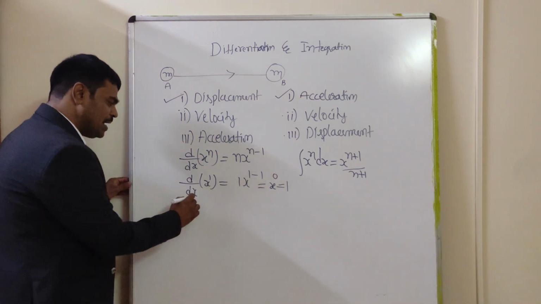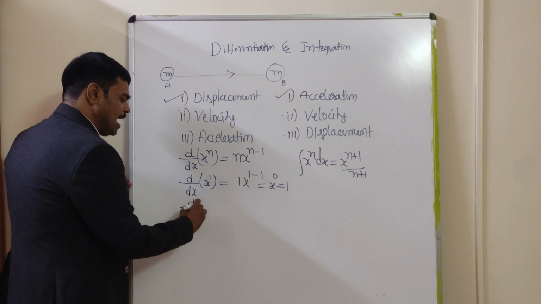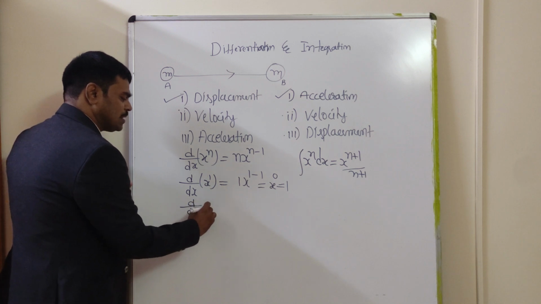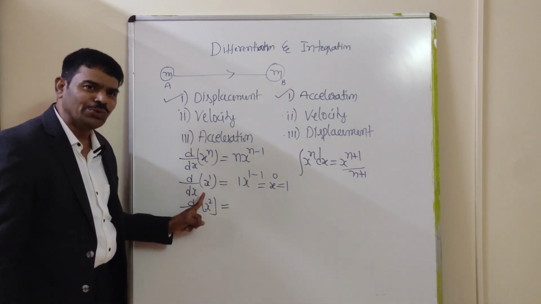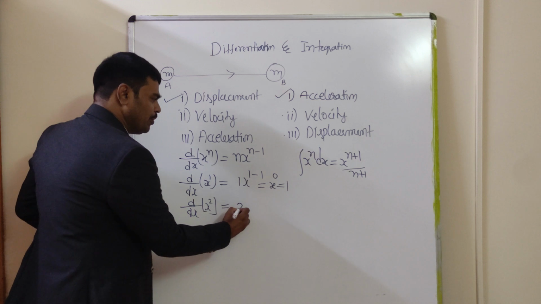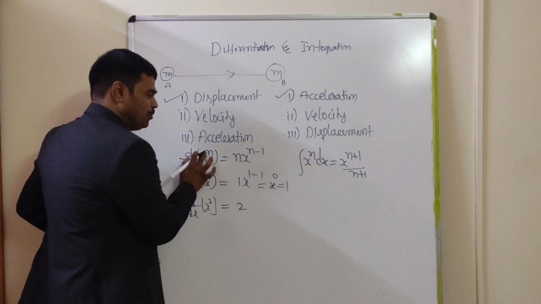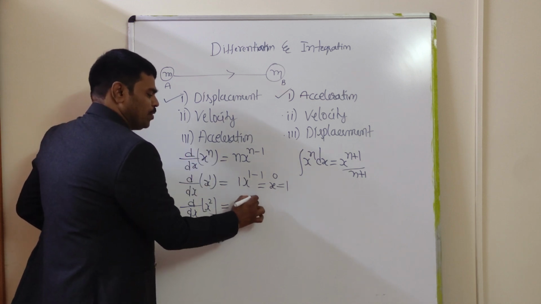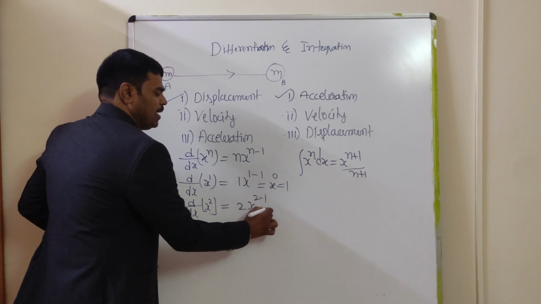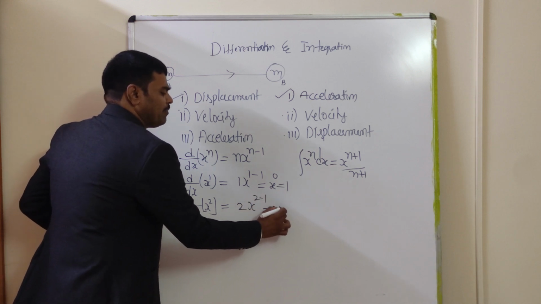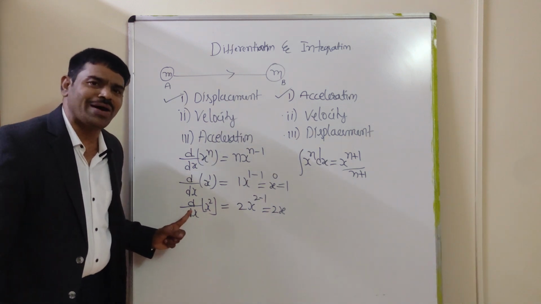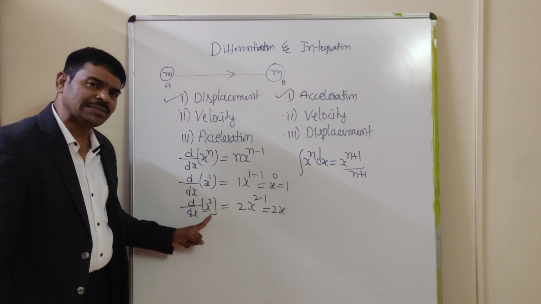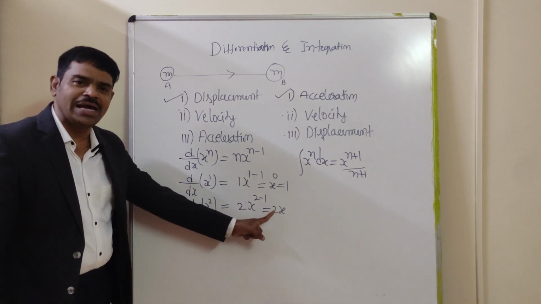Then, if you go for d by dx of x square, that is equal to, now what is the n value? 2. Now 2 into, using that 2 value in this formula, x power 2 minus 1, that is equal to 2x power 1, which is nothing but 2x. So the derivative of x square is equal to 2x.